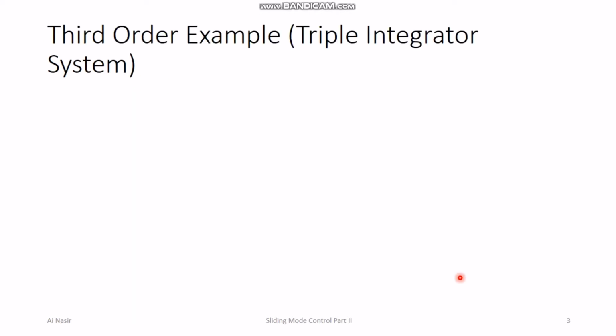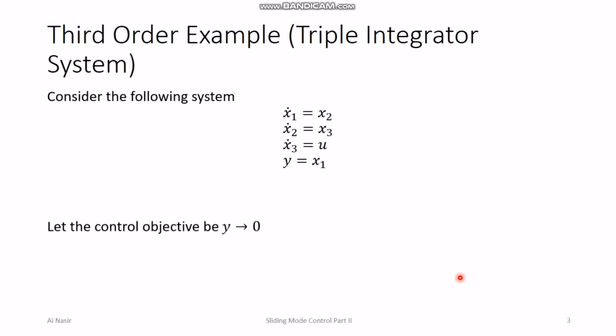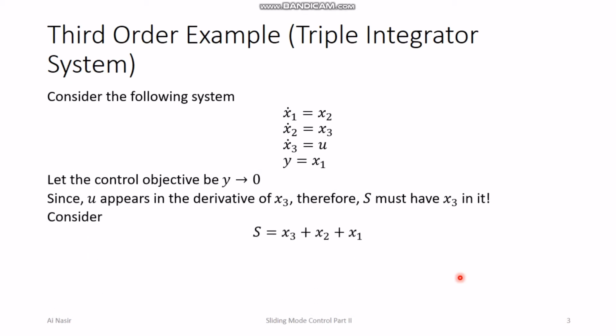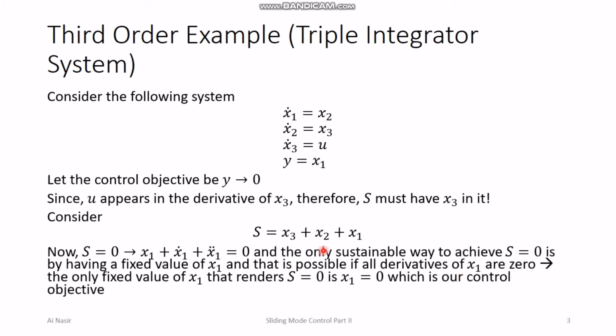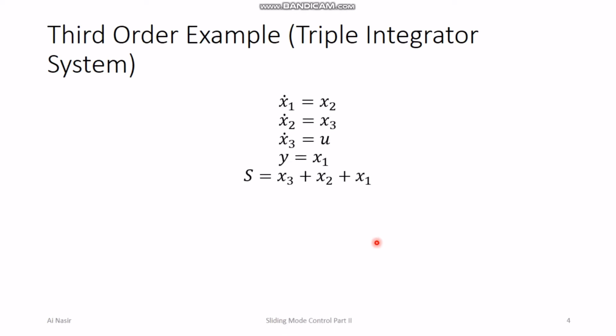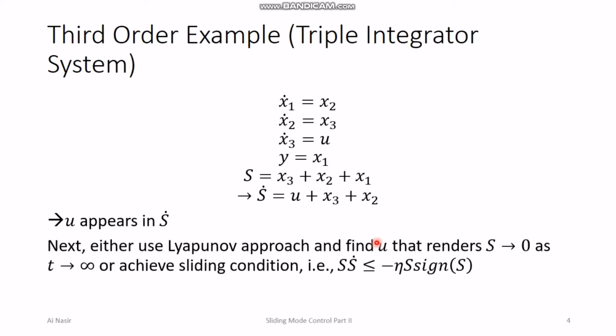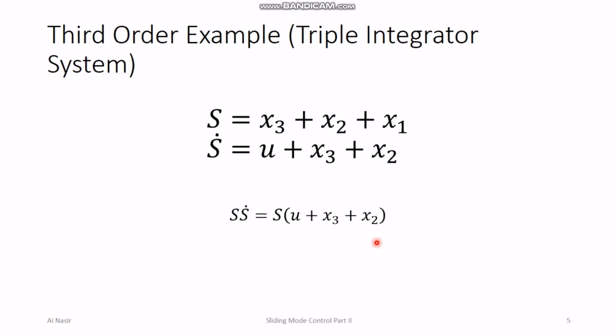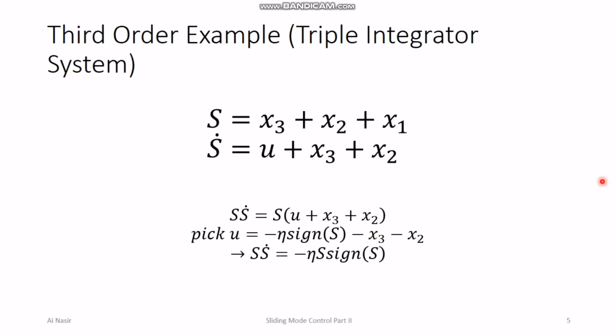We looked at two examples today. First example was the triple integrator system. We selected the sliding surface, and then we discussed how s is equal to 0 in this case achieves x1 equal to 0, and then u also appears in the s dot, and next we selected u to cancel out the known terms and to achieve the sliding condition, which was straightforward.